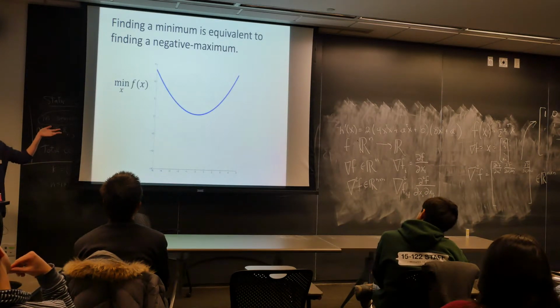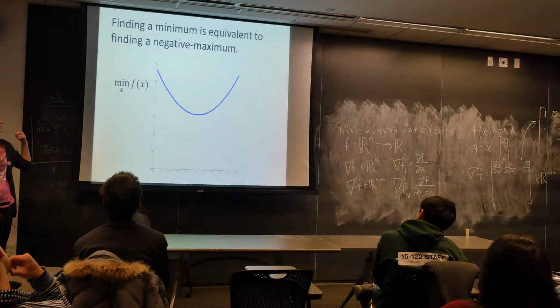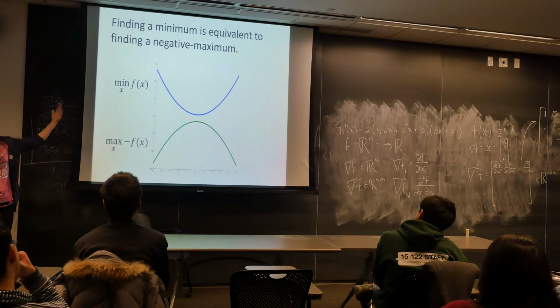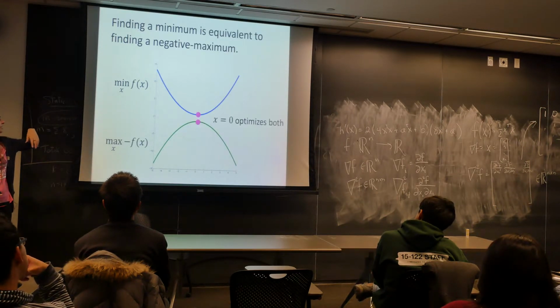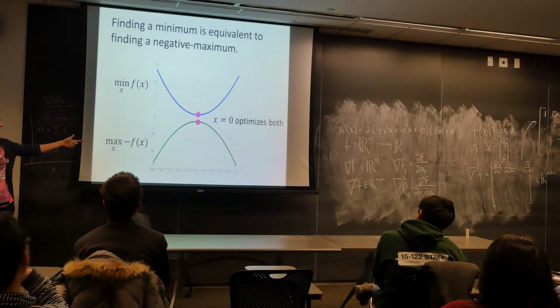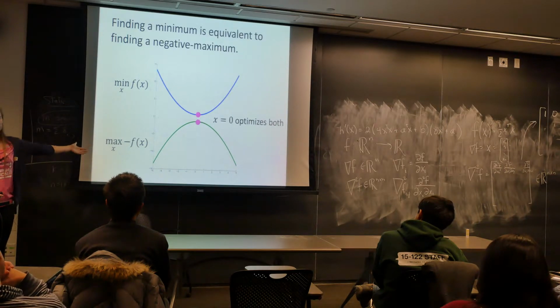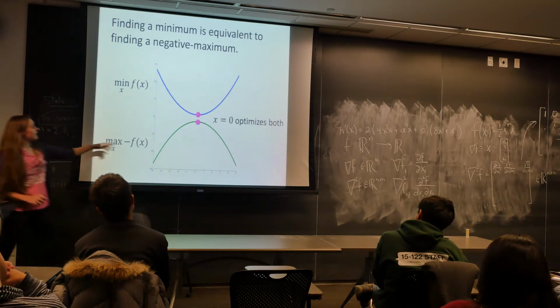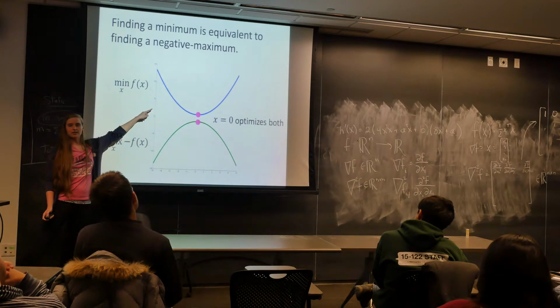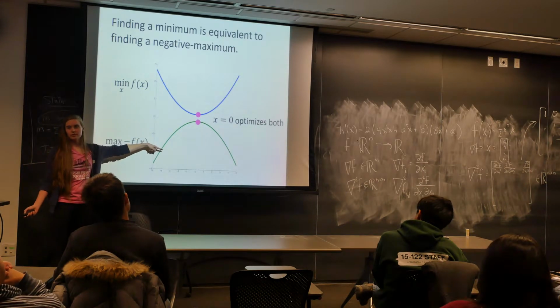If you want to minimize this function, look at the negative of it, reflected about the x-axis. For this particular case, x equals 0 is going to optimize both. It minimizes f of x and maximizes negative f of x. So if this is a convex function, then this is a concave function.